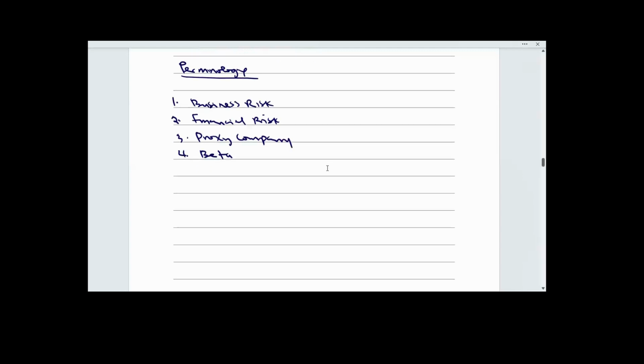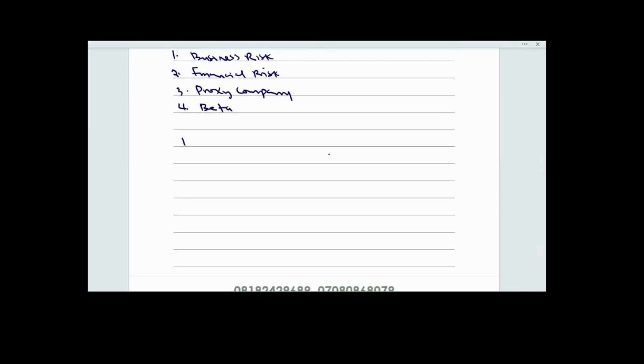Okay, so let's talk about each of them. What do you mean by business risk? This is the risk associated with the industry where a company operates.